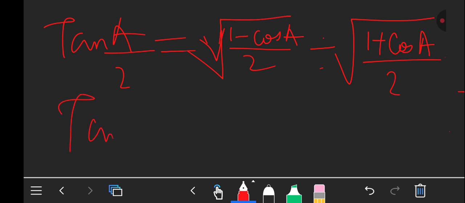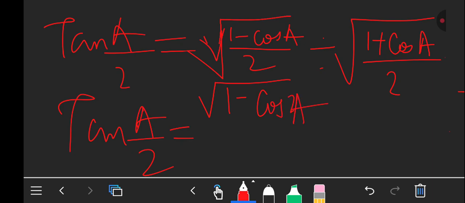Now let's find what is tan a over 2. So this will be equal to, according to mathematics, this is simply 1 over cos a over square root of 2.